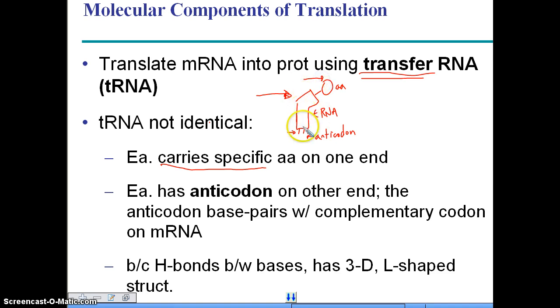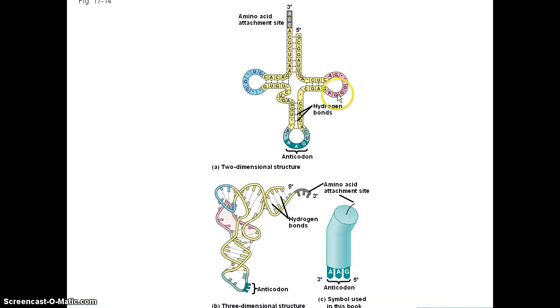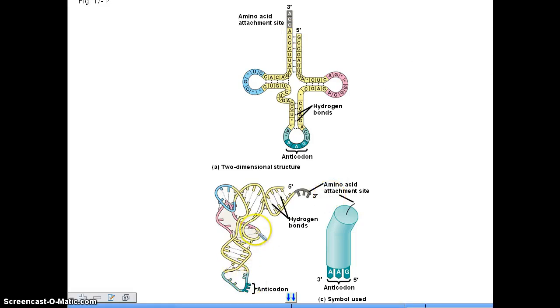So tRNA molecules are particular to the type of amino acid and type of anticodon they possess. And here's why. They have a very specific three-dimensional shape, and that's due to the hydrogen bonds between the bases in the tRNA. If you flatten out the tRNA, you can see the different regions. Again, because of hydrogen bonding, they'll have this particular three-dimensional structure.